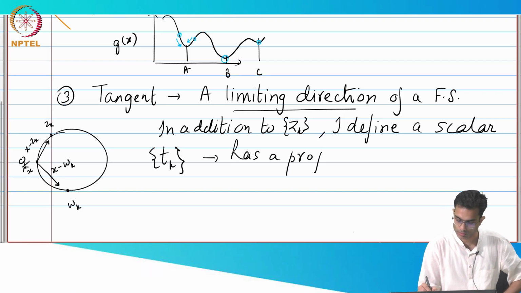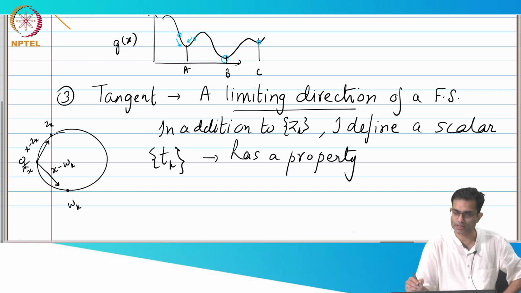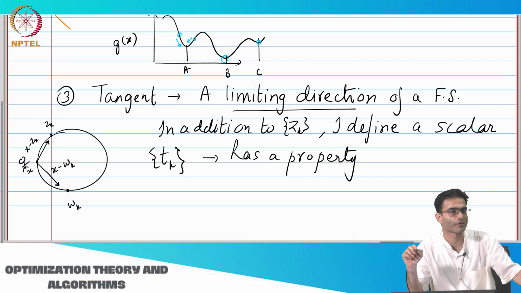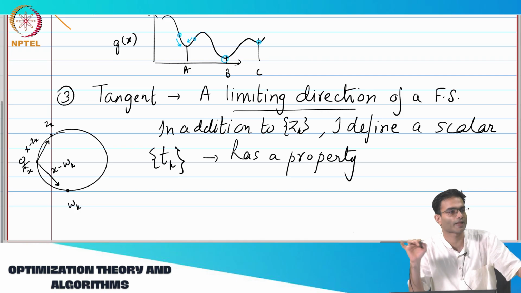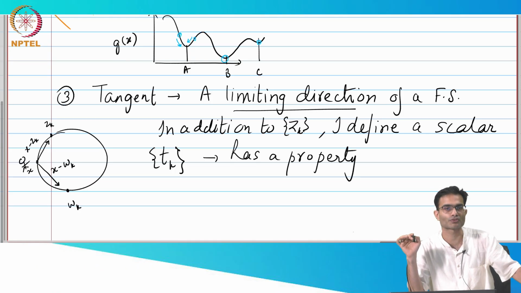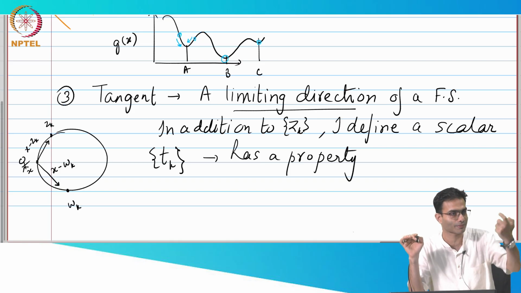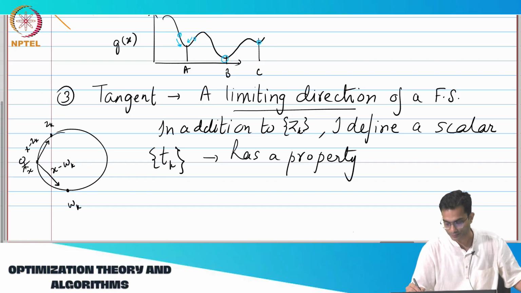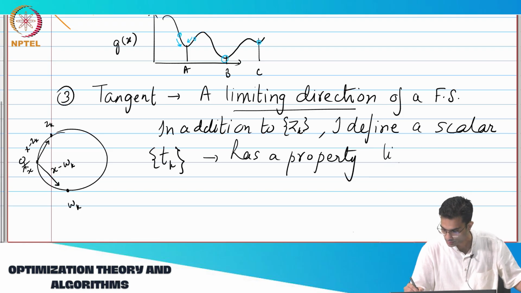What do you think is the most critical property of this tk, which we said is going to be like the length? As k tends to very large numbers, what should tk tend towards? 0, right? So it should go to 0 at the same rate at which x minus zk is shrinking. So tk, let's write that over here.